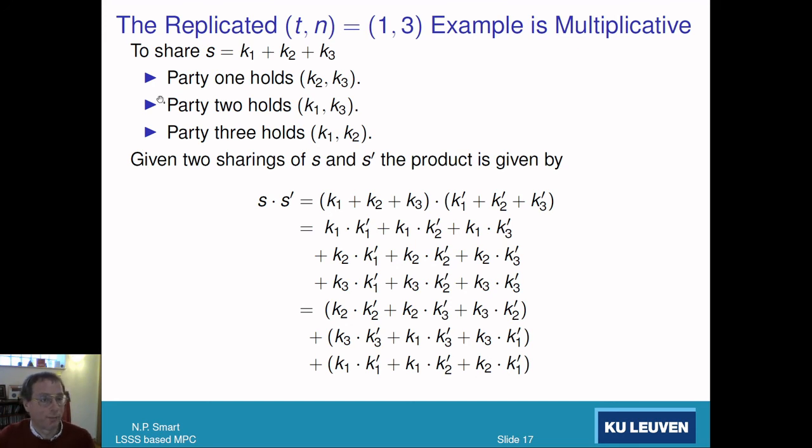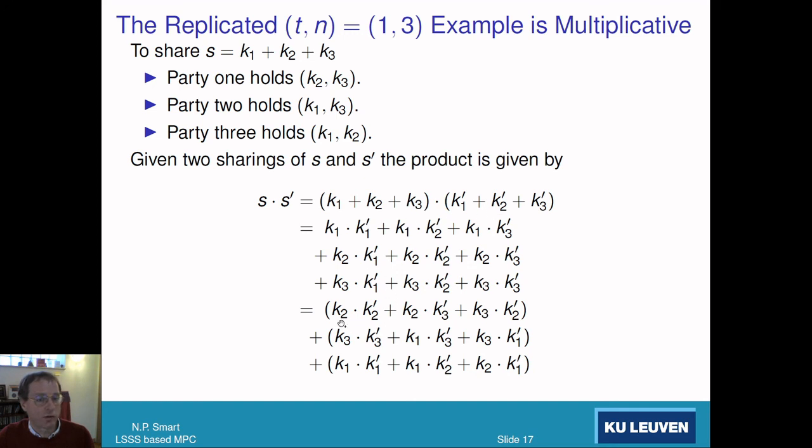Let's recall this. Each value S that we shared was given as K1 plus K2 plus K3, where party 1 holds K2 and K3, party 2 holds K1 and K3, party 3 holds K1 and K2. And then it's kind of easy to see that S times S dashed is just given by this product.